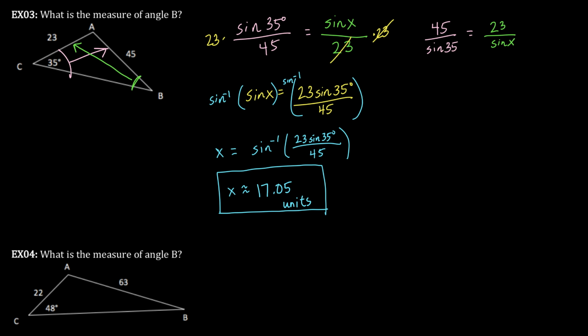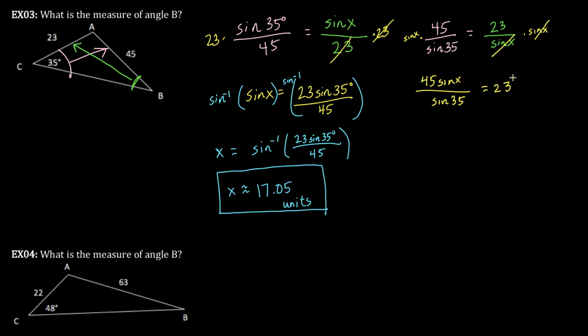Now let's do it over here. So I'm going to multiply by sine of x. And I get 45 sine of x over the sine of 35 equals 23.